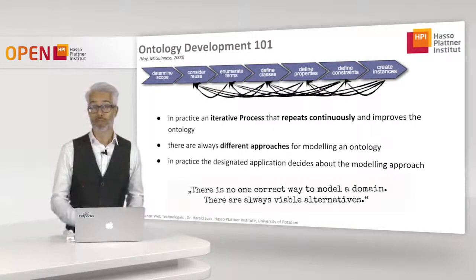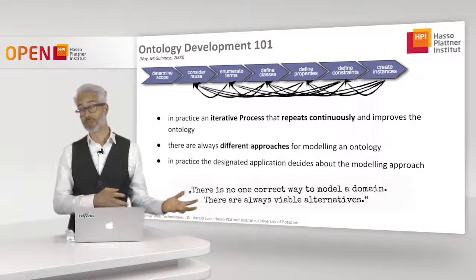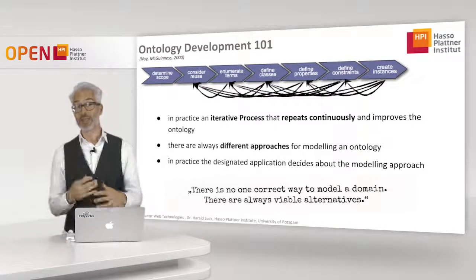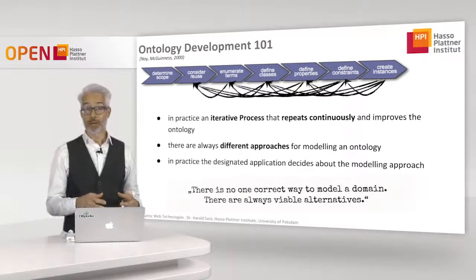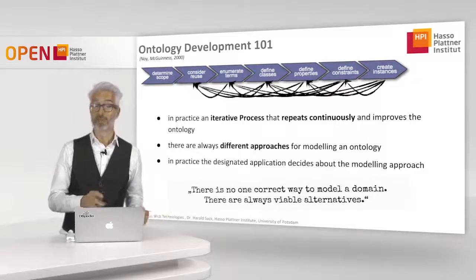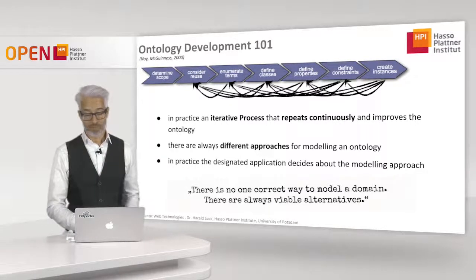There are always viable alternatives, and somebody else might model the domain in a completely different way. This always depends on what knowledge exactly you need for the application that you have in mind for the ontology you develop here. So you have to keep this in mind in the end.